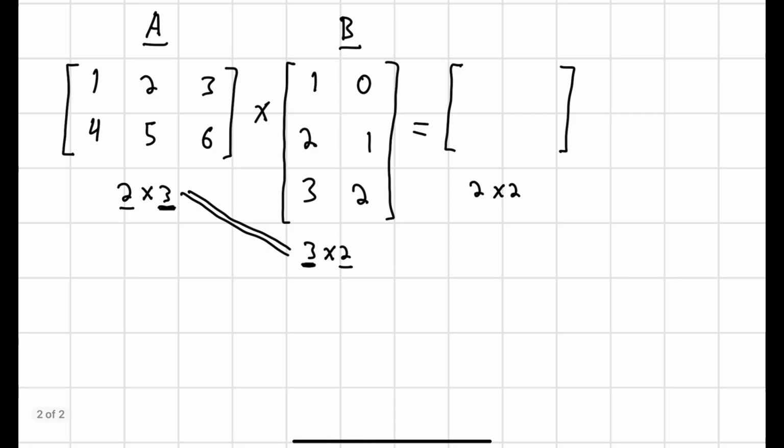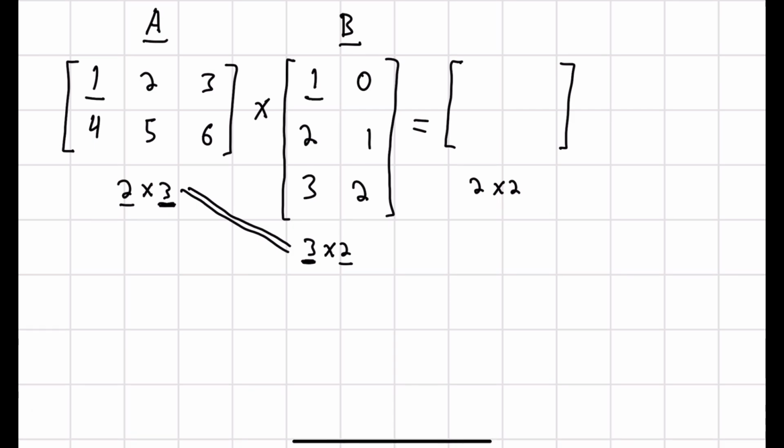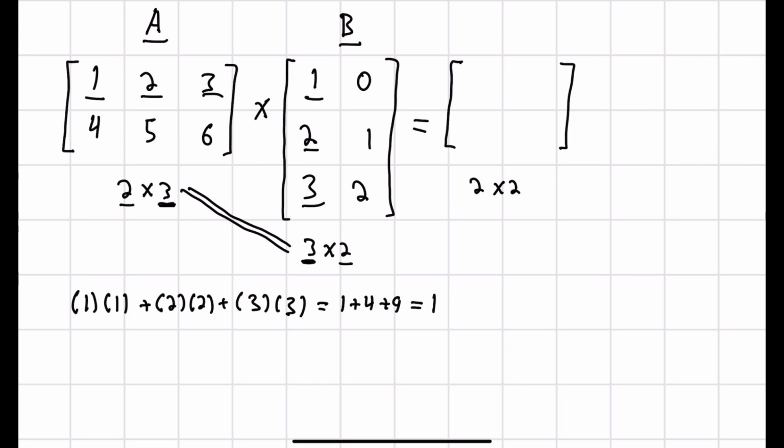So we have 1 times 1 plus 2 times 2 plus 3 times 3. And this is equal to 1 plus 4 plus 9, which is equal to 14. So for the top left cell, we have 14.